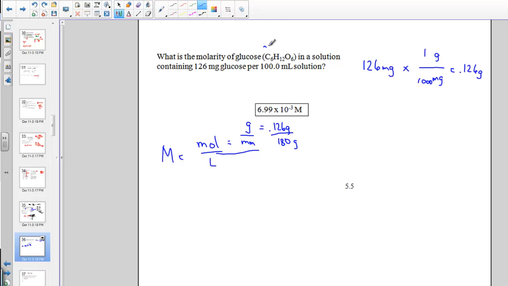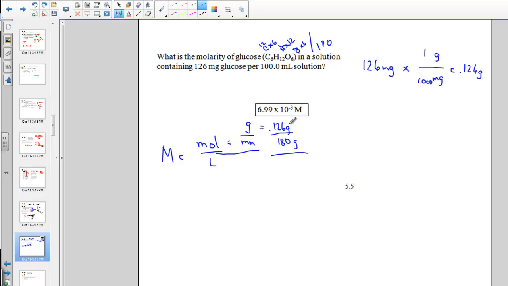See what I've done as I was waiting for that wheel. Carbon, there's 6 of them, and carbon weighs 12. Hydrogen, there's 12 of them, and hydrogen weighs 1. And oxygen, who has a weight of 16, but there's 6 of them, I just summed all that up and got 180 as my molar mass.